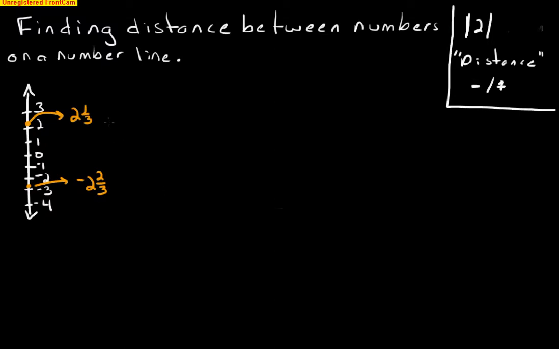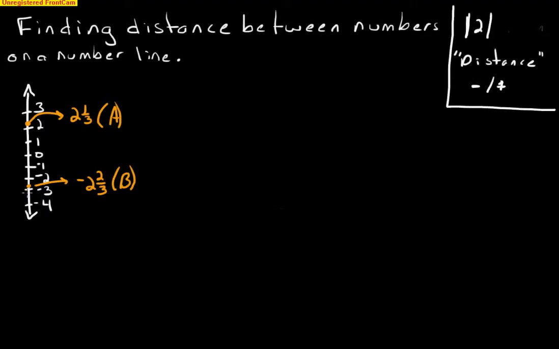So when we're talking about distance, we're just talking about the distance between this one and this one. For ease, let's call this point A, and we'll call this point B. So we're just looking at the distance between A and B, which is an absolute value, because we don't care if you start at 2 1/3 and go down to negative 2 2/3, you'd have a negative number.